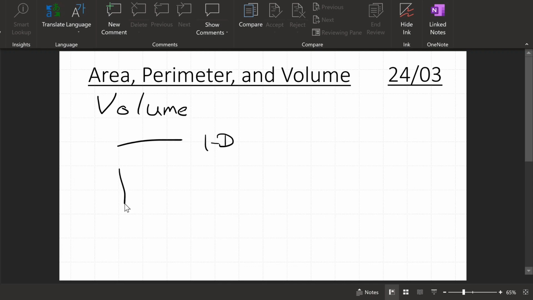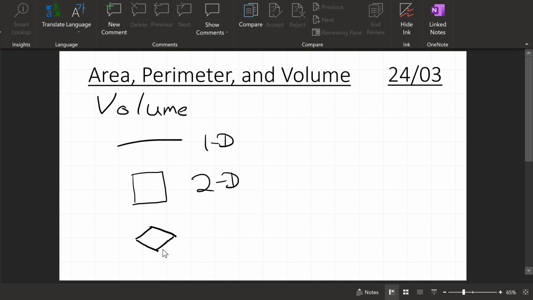A square was our next kind of thing. We're dealing with a square. That's two-dimensional. And finally, you've probably figured it out, volume is three-dimensional. I'm just going to draw a quick little box here.